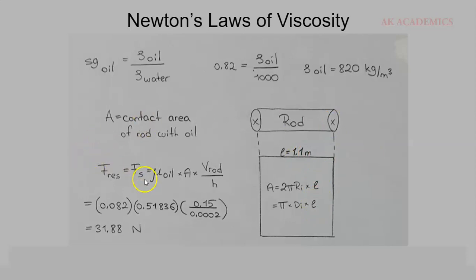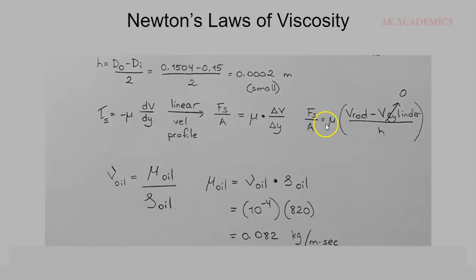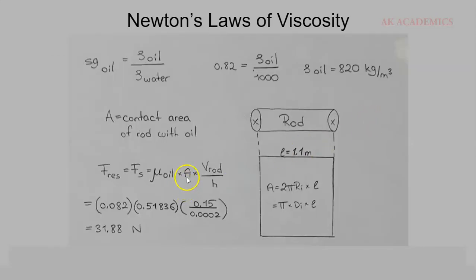We do know that our force will be equal to viscosity of oil multiplied by area multiplied by V rod over H. And that is from this particular equation here. Okay, we just cross multiply, and then F will be equal to A times viscosity times V rod over H. So since we know A from what we just calculated, we know the viscosity of oil, we calculated that.